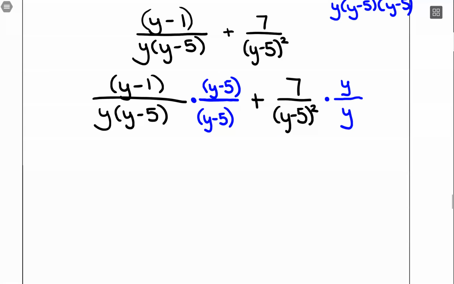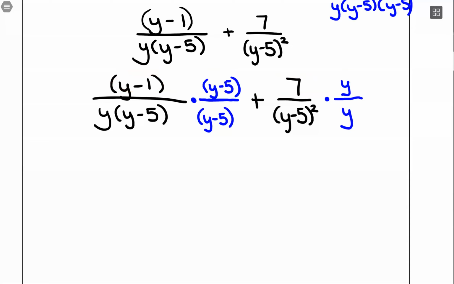Now, over here, I'm going to FOIL this out, that y minus 1 times y minus 5. I want to multiply this out because I'm going to end up adding 7y, and I want to be able to combine that all together. And I can't combine it all together if those are trapped in parentheses there.